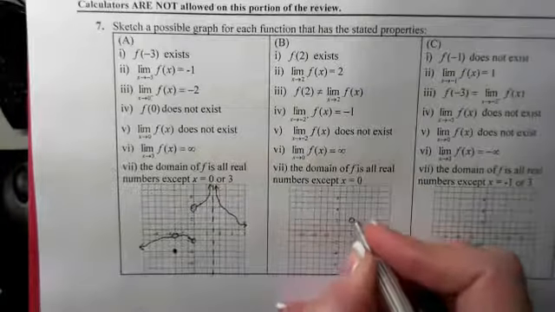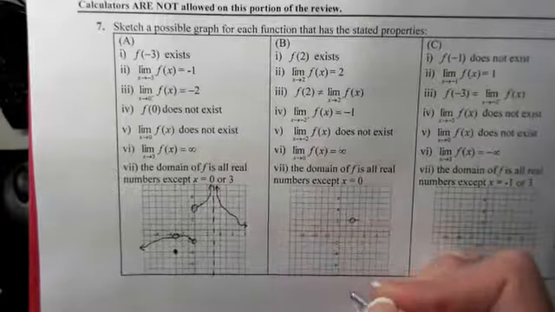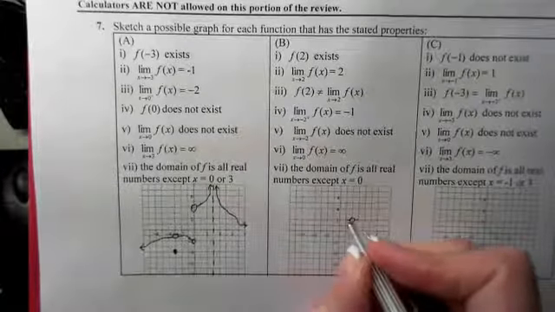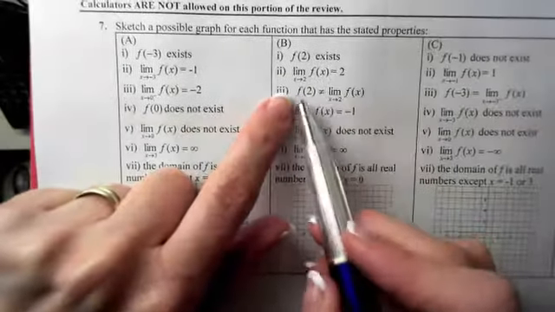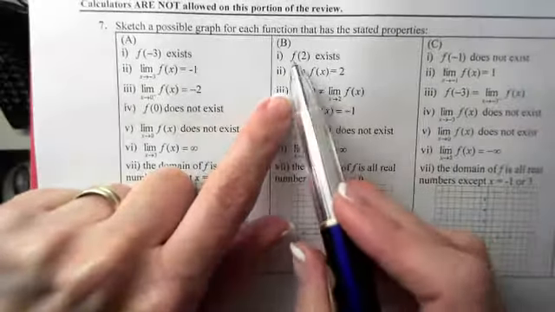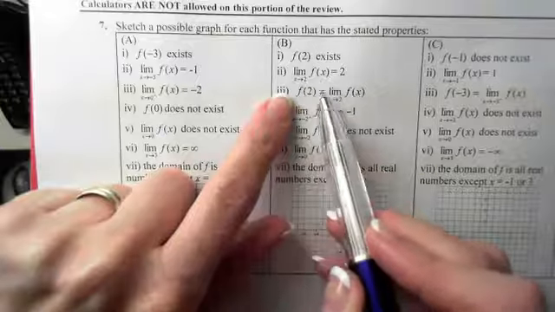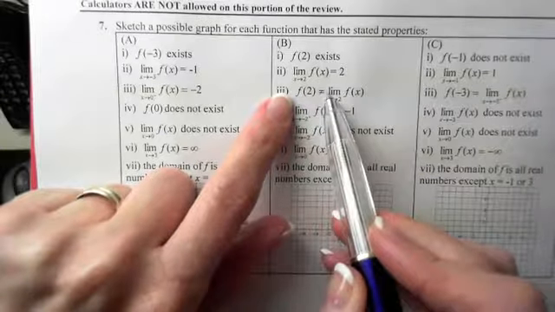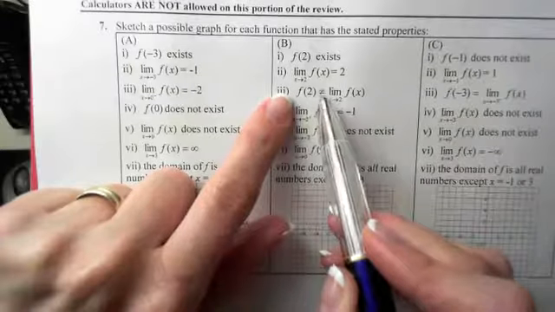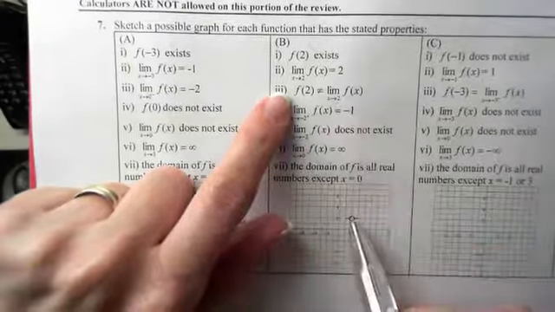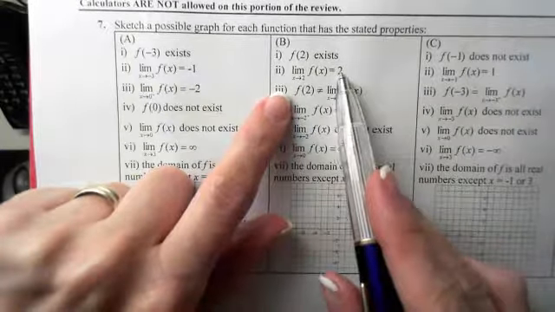And I'm getting to it from both sides. I put tails on the left and tails on the right. Next, I have a statement that says the output that I'm assigning to f of 2 is not the same as the limit. So that means the y-coordinate that goes with 2 cannot be at the place that the limit ended up.